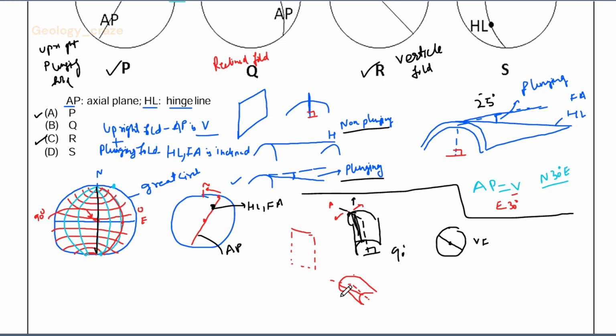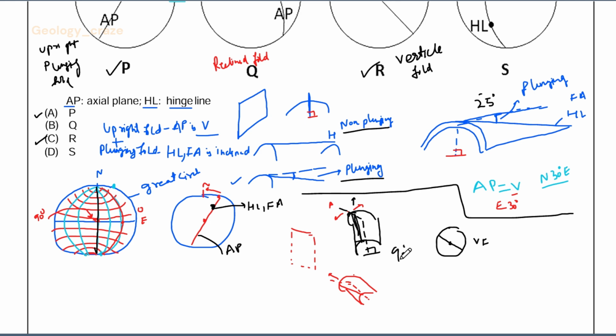So in that way, for tilting the hinge line, we will tilt our hand in this way or in this way. We have to do both things. For getting a reclined fold, we have to tilt our axial plane as well as our hinge line a little bit from 90.